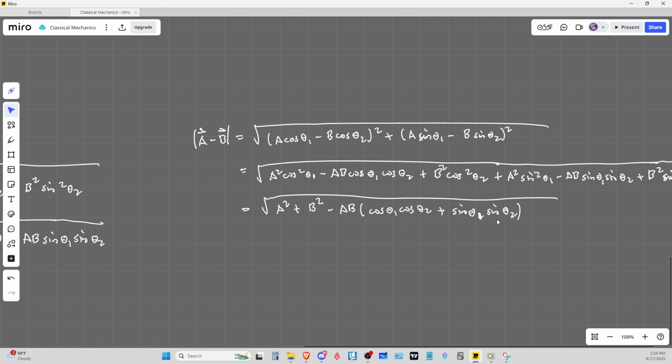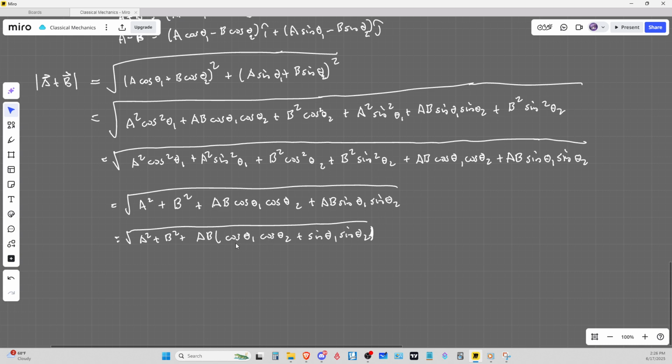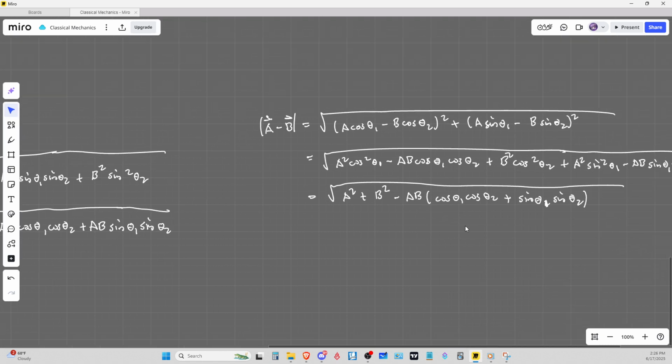I mean, if we said theta 1 and theta 2 is pi, then oh no, that won't work though, because then this would be -1 and this would be -1. This would be -1 and then that would be plus. Yeah, but this one's still going to be minus.